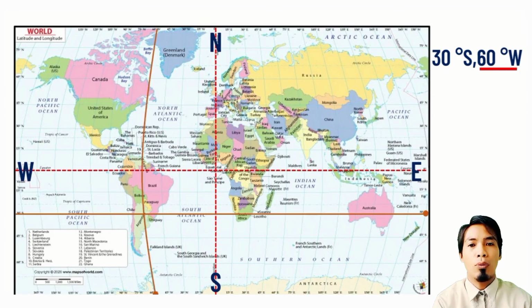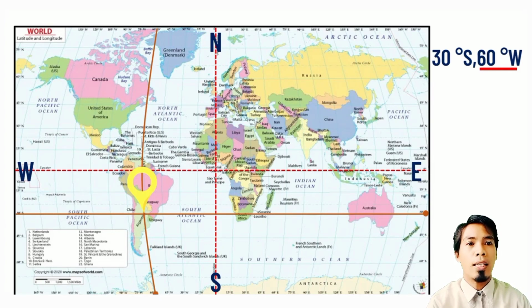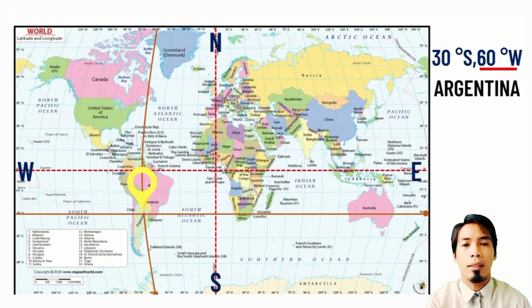From this point, we will draw a vertical line. The point where the horizontal and vertical lines intersect is the place that we are looking for. We name the country where the lines intersect. Very good. The country that is located at the coordinates 30 degrees south and 60 degrees west is Argentina.